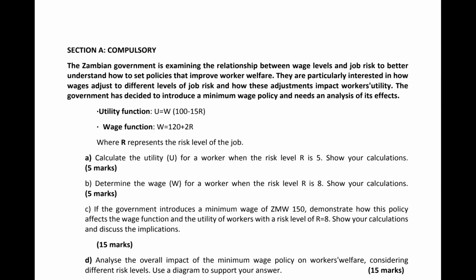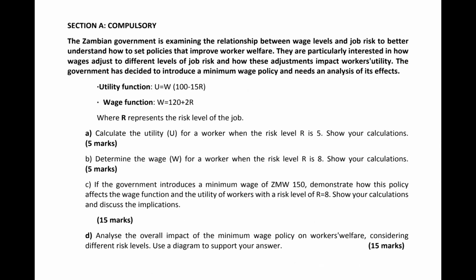They are particularly interested in how wage adjusts to different levels of job risk and how these adjustments impact workers' level of satisfaction. So the government has decided to introduce a minimum wage policy and needs an analysis of the effect of the same minimum wage policy. You're given the utility function and also the wage function, given that R represents the risk level of the job.